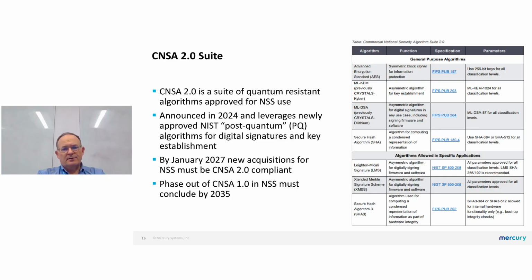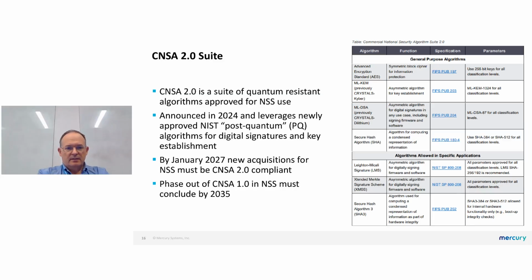This leverages, in particular, recently approved NIST post-quantum algorithms for digital signatures and key establishment. So ML-KEM and ML-DSA in particular are the two replacements for ECDSA and EC Diffie-Hellman.